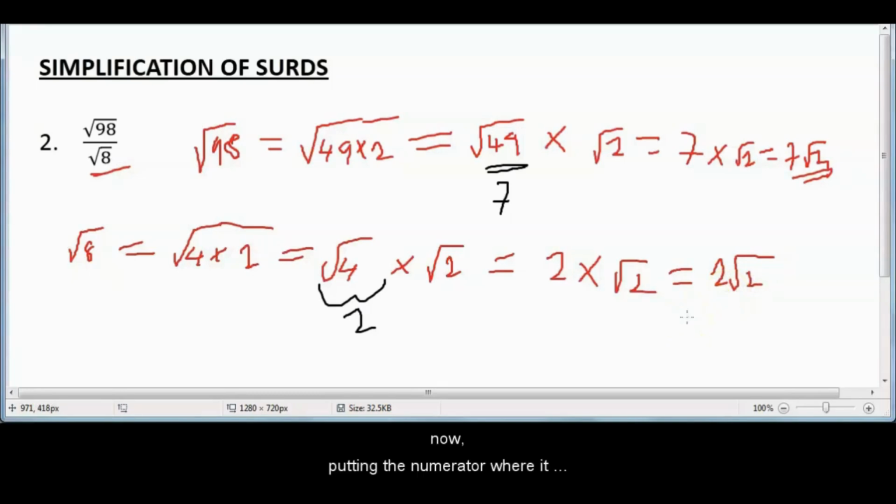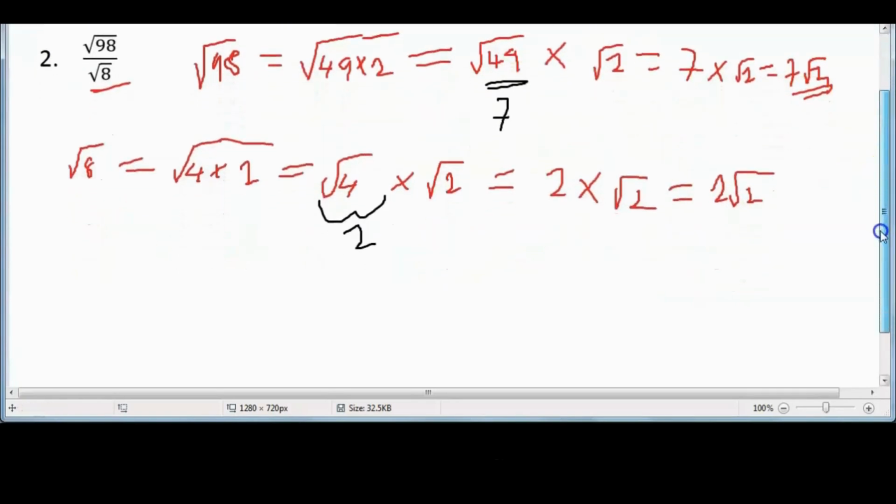Now putting the numerator where it belongs and the denominator where it also belongs, our final answer should be 7 root 2 over 2 root 2.